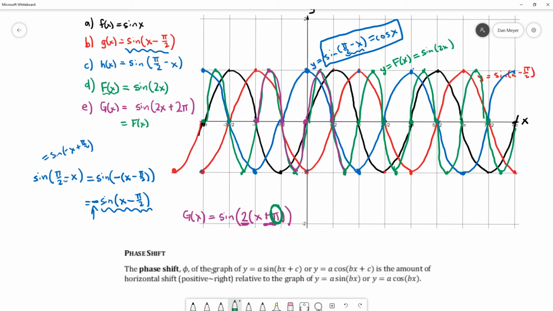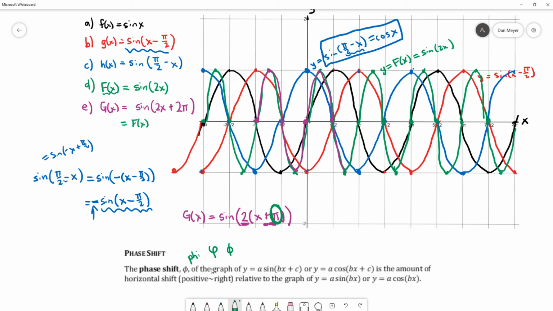This is the Greek letter phi. Sometimes you'll see phi drawn that way too, or that way. I'm not exactly sure why there are multiple different ways to draw phi, but anyway, that's the Greek letter phi.